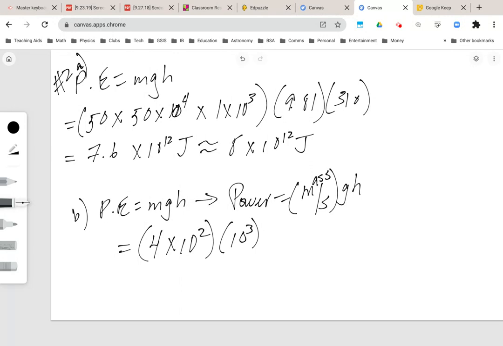So it's 400 cubic meters per second times 1,000 kilograms per cubic meter. And this is going to give me 4 times 10 to the fifth kilograms per second. And I multiply this times G, 9.81, and times H, 310. And then this should turn out to be about 1.2 times 10 to the ninth. And that's in watts now, because I'm looking at a flow rate.